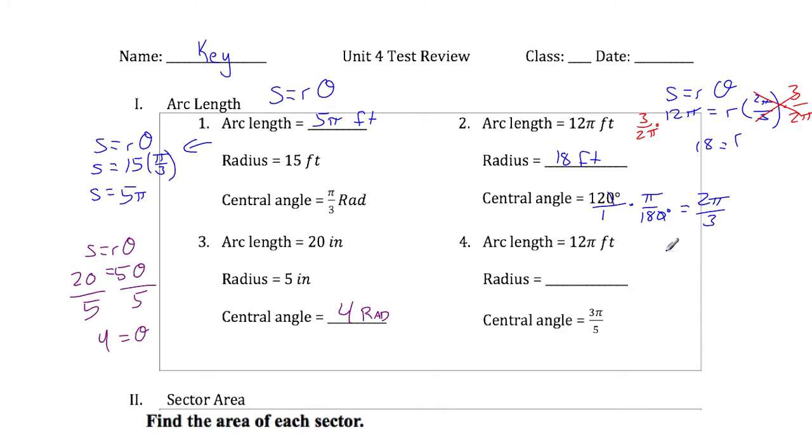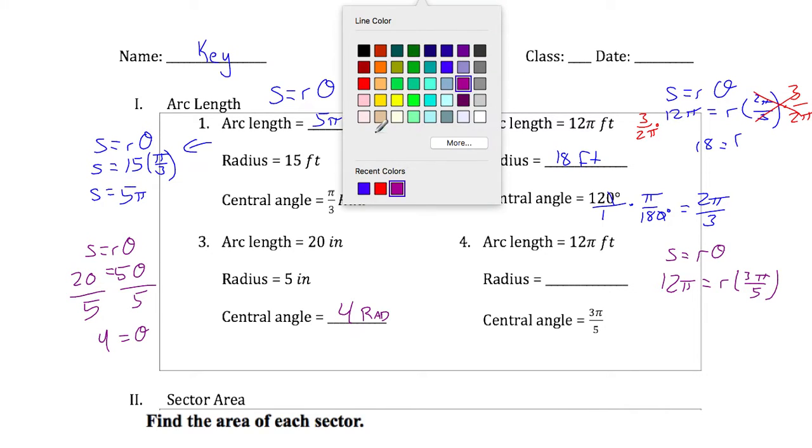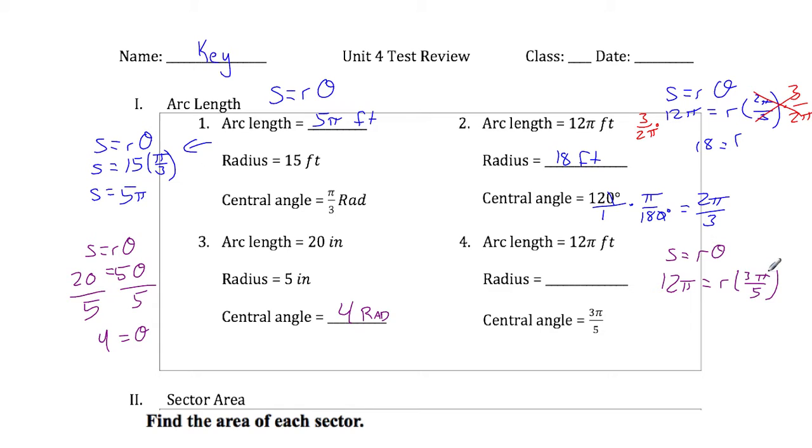And then finally, arc length, again, is 12 pi. So we get 12 pi is equal to the radius times the central angle, which is 3 pi over 5. And yet again, we can multiply by the reciprocal, 5 over 3 pi, times 5 over 3 pi.